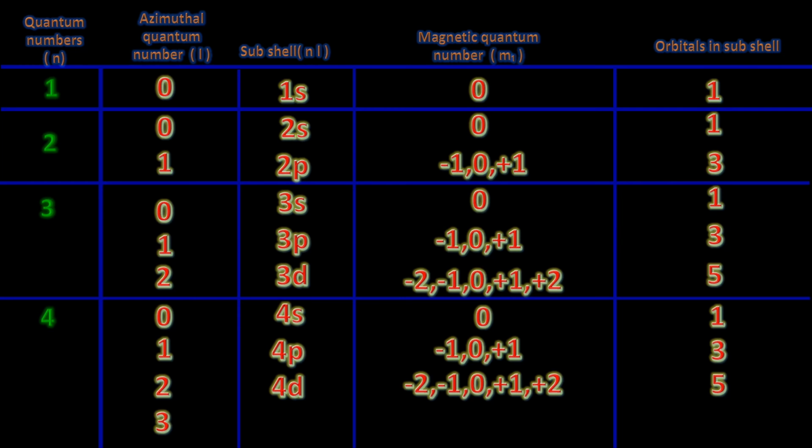While getting into L equal to 3, f orbitals show 7 orientations ranging from minus 3 to plus 3 and can accommodate 14 electrons.